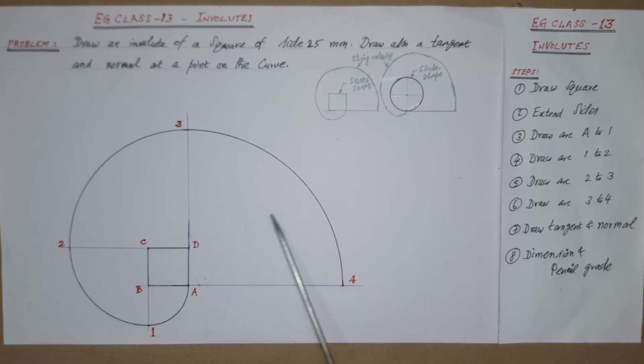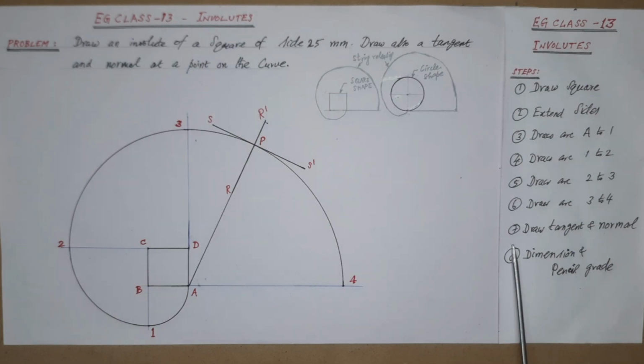Since all the arcs are now completed as required, ensure that the involute drawn from A to 1, 1 to 2, 2 to 3, 3 to 4 is smooth in nature, without overlap at the joining points, and good in appearance with neatness. Now the involute is completed with this step.